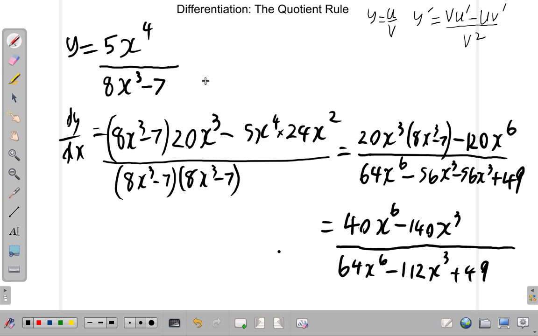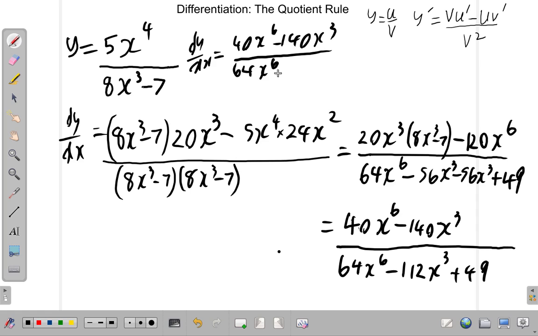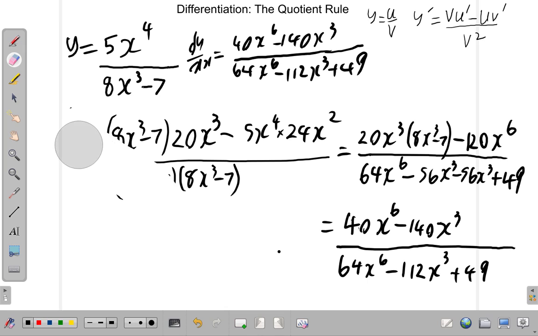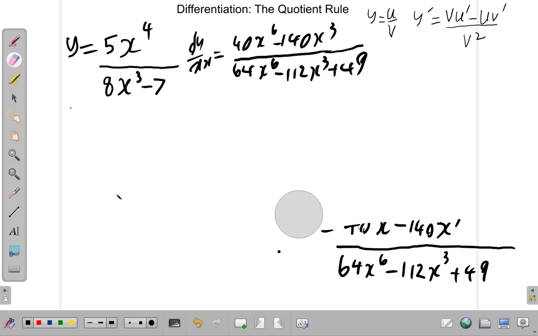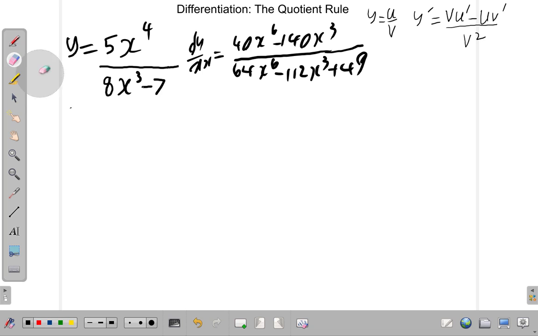What we got for dy by dx was (40x to the 6 minus 140x cubed) over (64x to the 6 minus 112x cubed plus 49), and that was after using the quotient rule to differentiate it. Could we possibly use some other method to differentiate it?